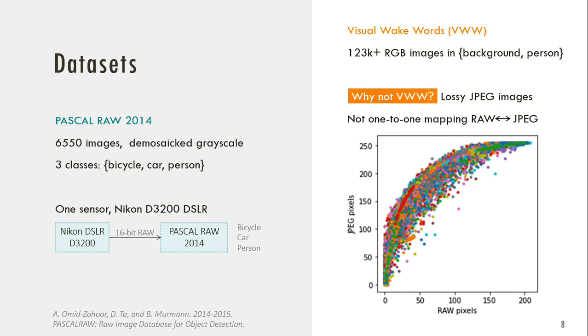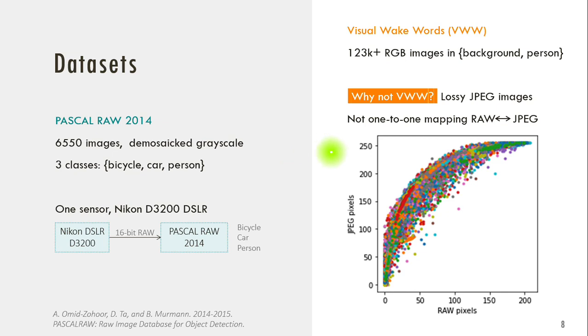I also want to talk a little bit about the Visual Wake Words dataset. Even though the Visual Wake Words dataset has a lot of images, like 123K, that's much more than the 6K we have here, why don't we use it?